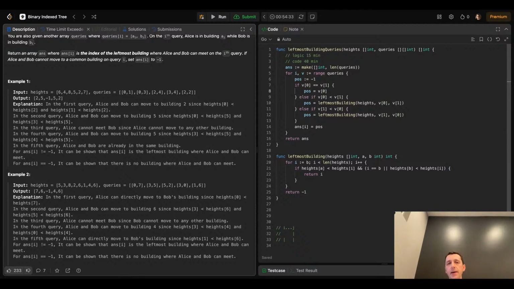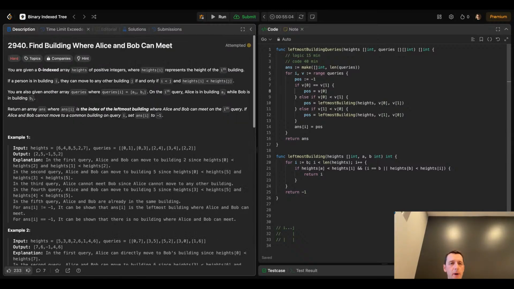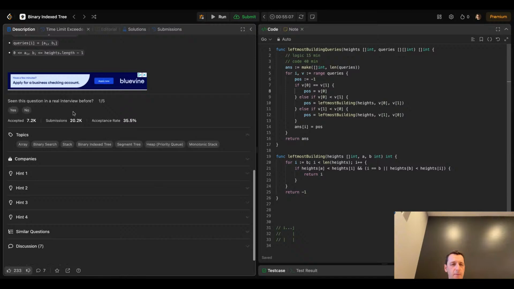So in terms of the direction in which we might find this optimization, it's most likely using some kind of dynamic programming, or it's using... and by the way, let's look at the topics at least.